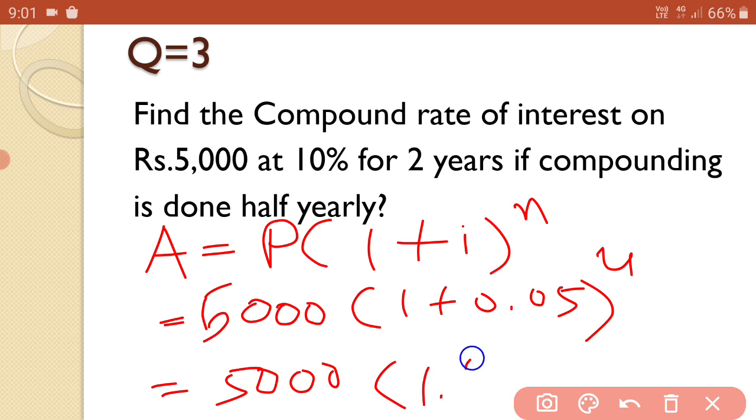Your answer is 1.21550625. Then multiply by 5000.